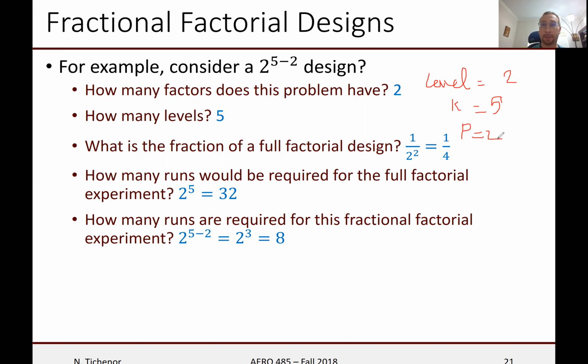Let me color code it. This 2 is this 2. This 2 is the amount we reduced it by, is this one. And there's just 1 5, so you can imagine what's happening. The number of experiments in this case is dropped from 32 to 8. It's a huge cost saving.